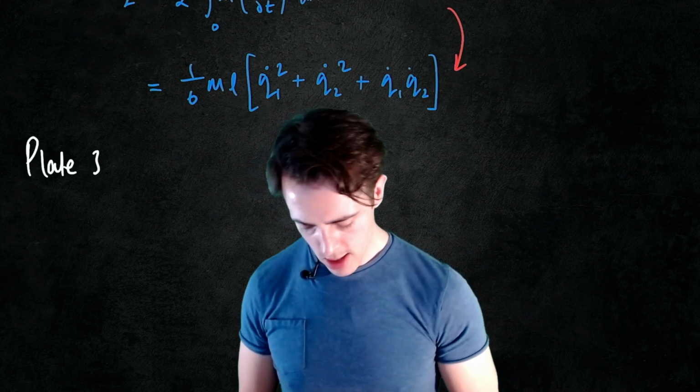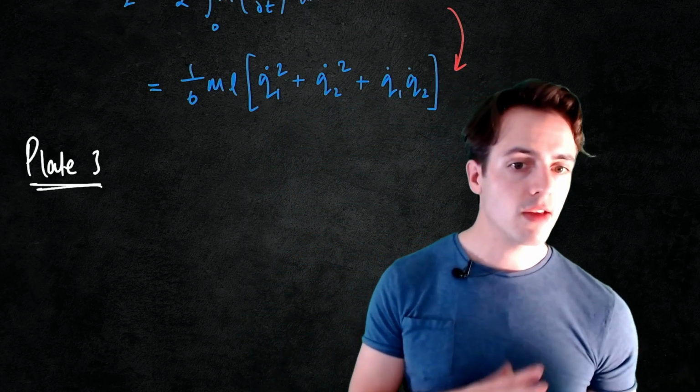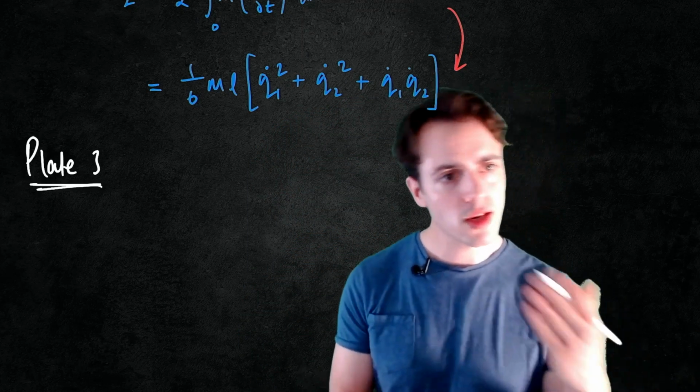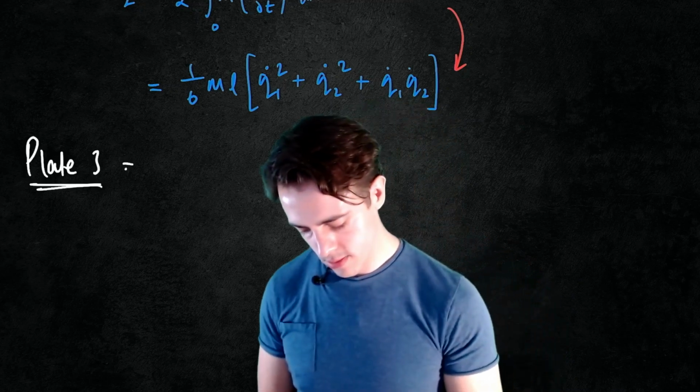Plate 3, we could do plate 3 by hand, but we can see from symmetry it's just going to be the same as plate 1, but with Q2 in place of Q1.